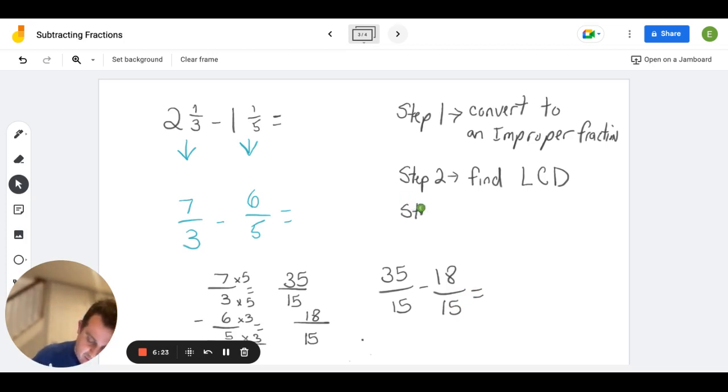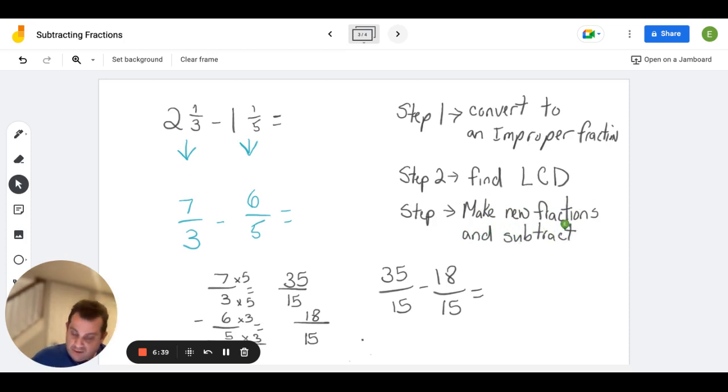I'm just going to throw in here that now, make new fractions and subtract. All right, so 35 minus 18 is, 35 minus 18 is 17, right?